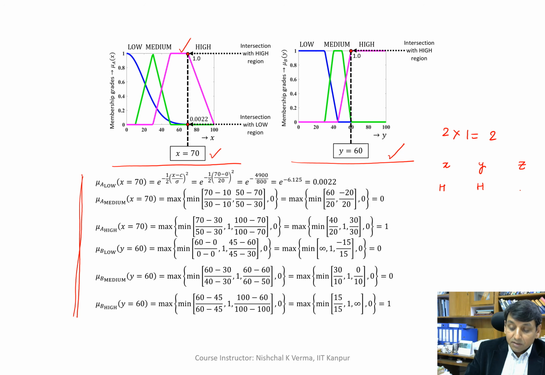Another combination is when x is falling in low and y is falling in high, because y falls only in high. So for these two combinations we need z. Let us check here.